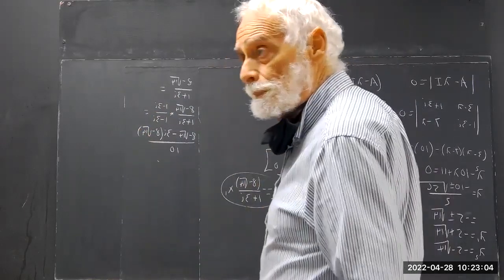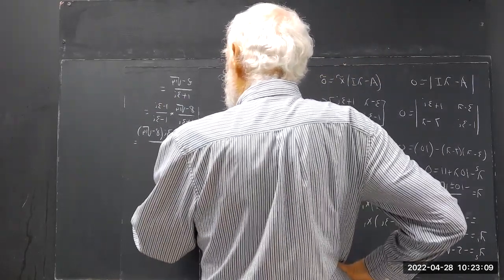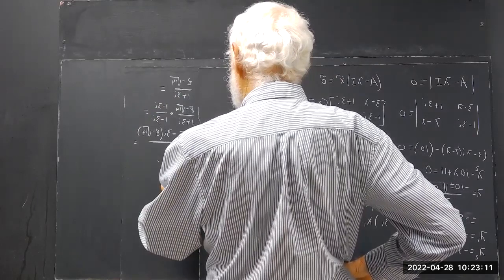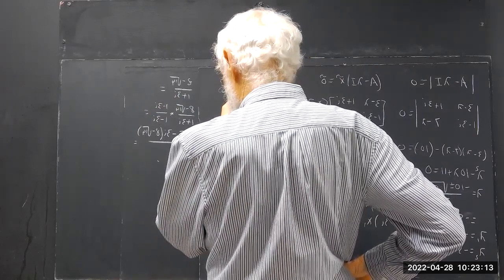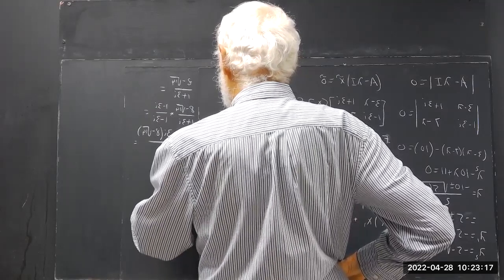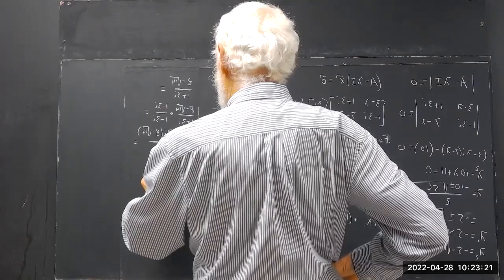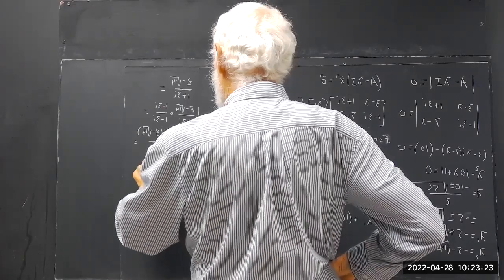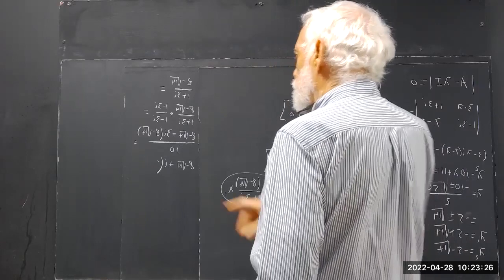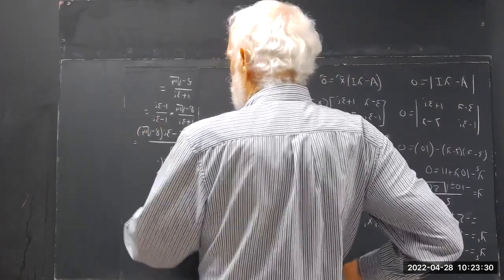All over 10. I'll write it out this way. 8 minus the square root of 14 plus i times what?